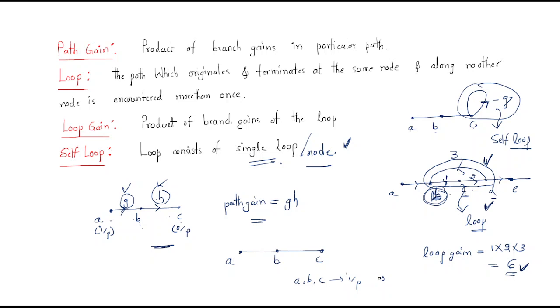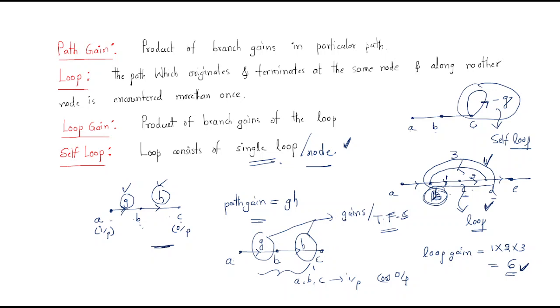We have some gains available, for example G and H. These are the gains, or another name is the transfer functions. So this is about the signal flow graph, and we can represent the system in the form of signal flow graphs also.